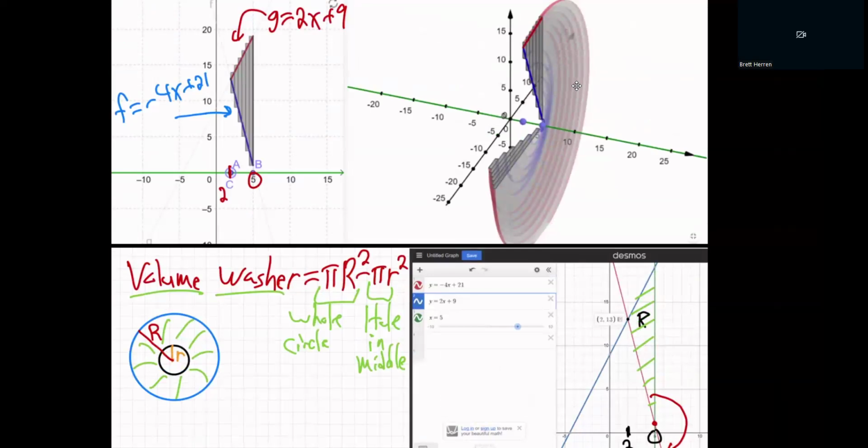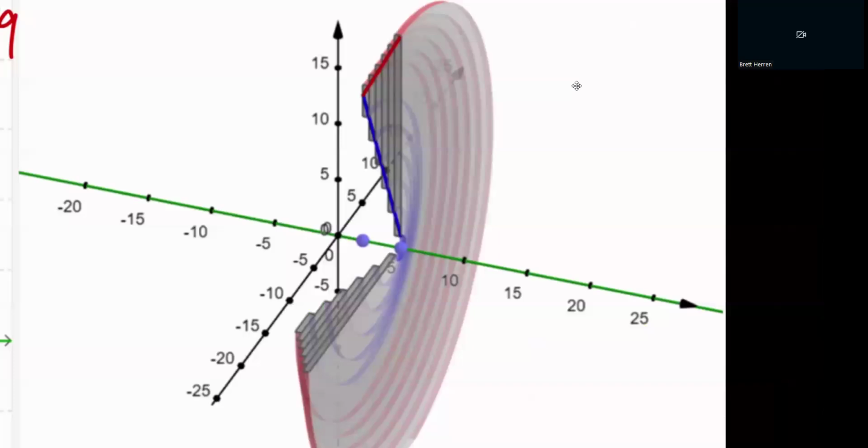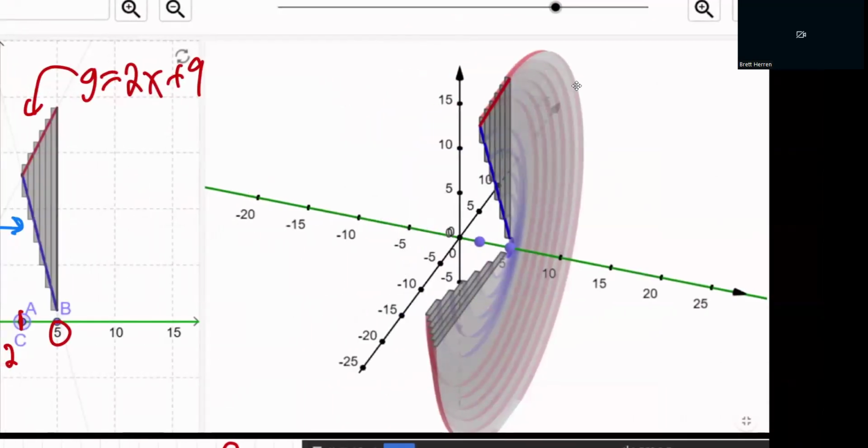These are washers. As we look at them in the diagram, here is the little radius, r, and right next to it, all the way up, is the big radius, capital R. That's what's going to create the washers as it rotates around.